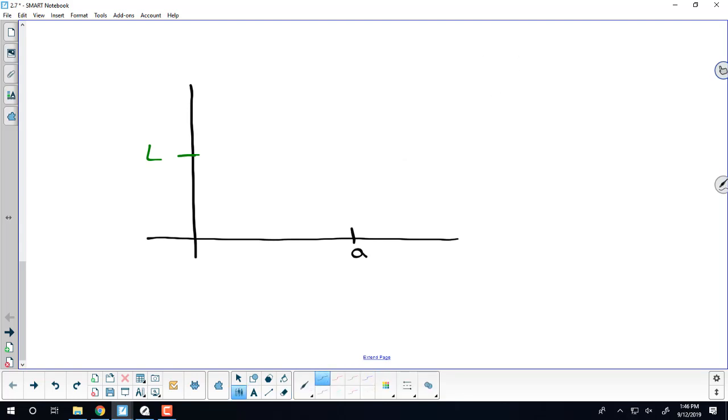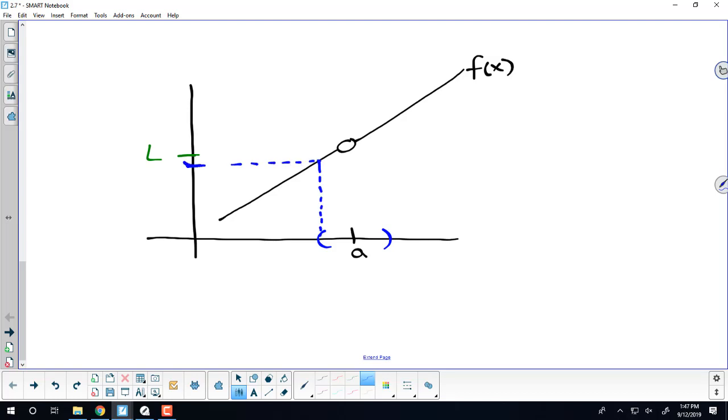Just so we can try to get a picture of this, I'll do a little bit more well-behaved here. If I want to be within that many units of a, then my function is going to be here and here. Then I'm going to be within that many units of L. The idea is that there wasn't a restriction on how close I am to a other than the fact that it's not 0. It's just some small number that's larger than 0.